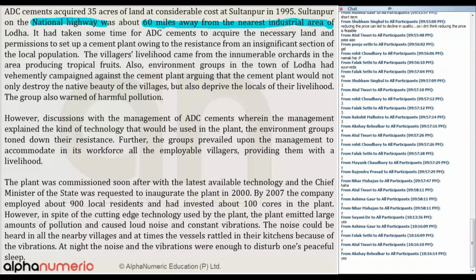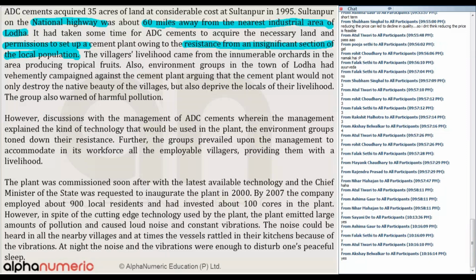It had taken some time for ABC Cements to acquire the necessary land and permission to set up a cement plant, owing to the resistance from an insignificant section of the local population.